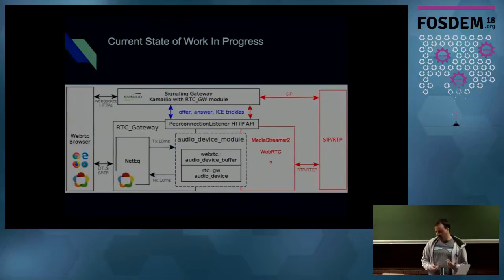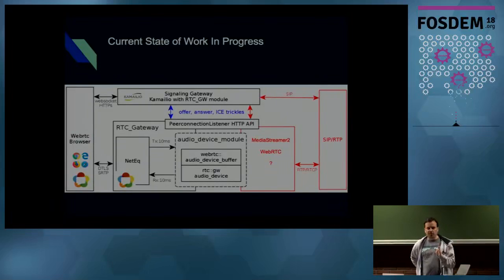So I'm working on verifying what can be done, and here is the state of my work in progress in this diagram. I needed to use a real web browser, so I've used JsSIP, a great SIP stack.